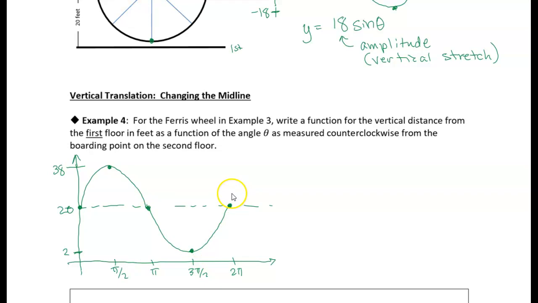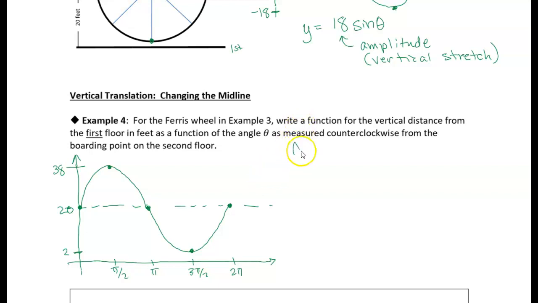function looks like. Okay, now it's still a sine wave, but now it's not only attenuated by the radius of the circle, it's also shifted. We've got a vertical shift up by 20 feet. So we have both a vertical stretch and a vertical translation.